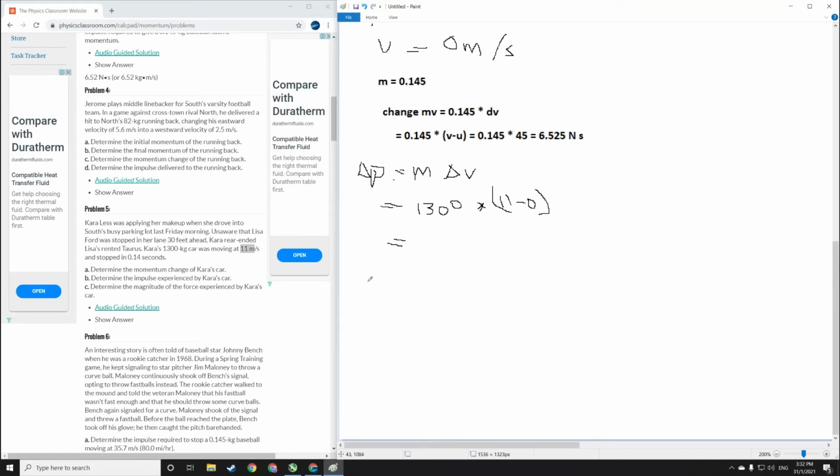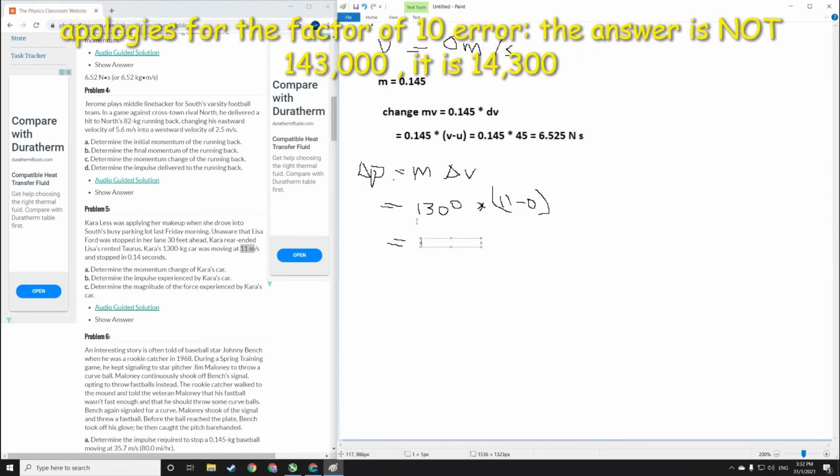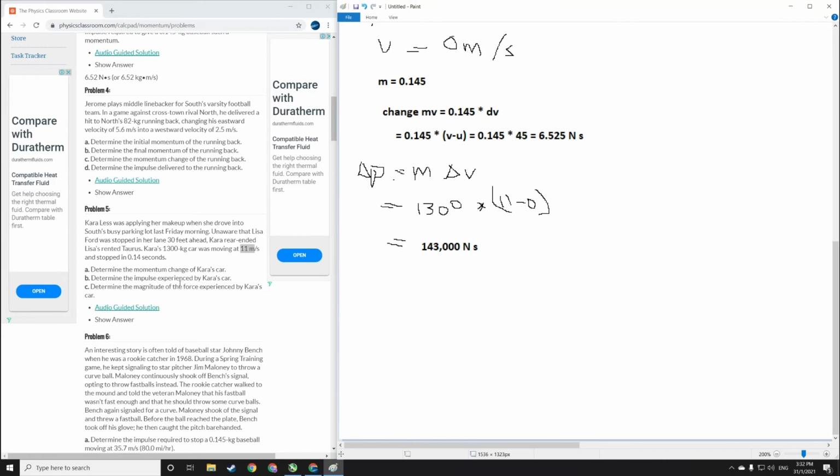Oh yeah, 143,000. Okay, simple, 143,000. And let's just write Newton seconds because it's nice and quick to write. Determine the impulse experienced by Kara's car. Exact same thing, right? Momentum change equals impulse experienced. So that's just 143,000 Newton seconds.